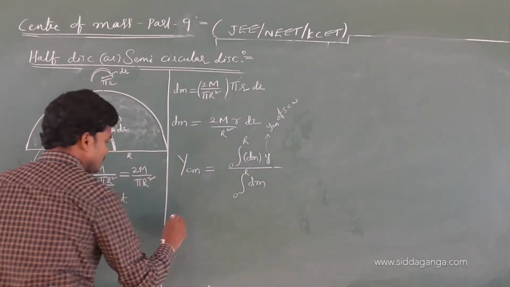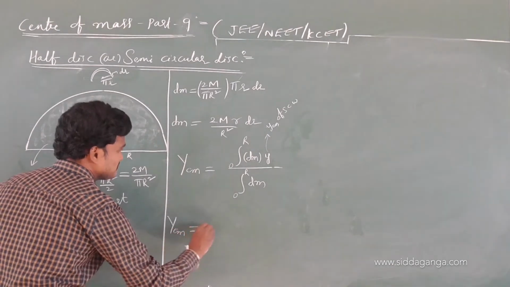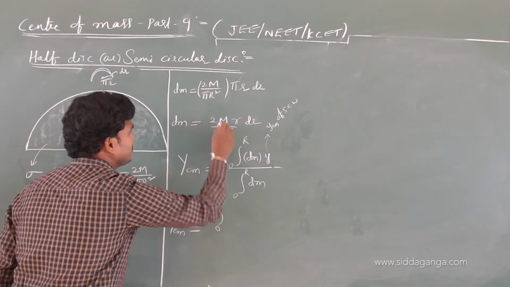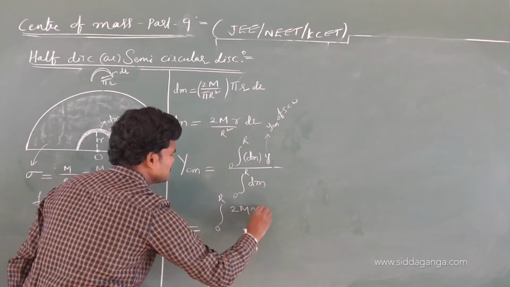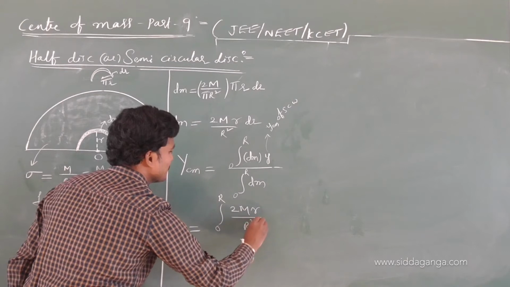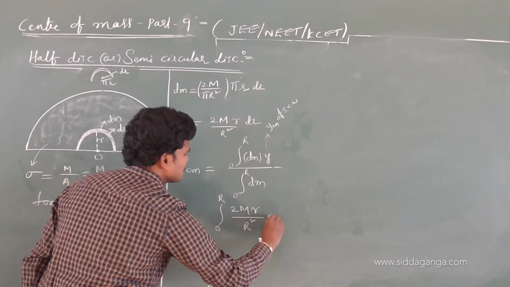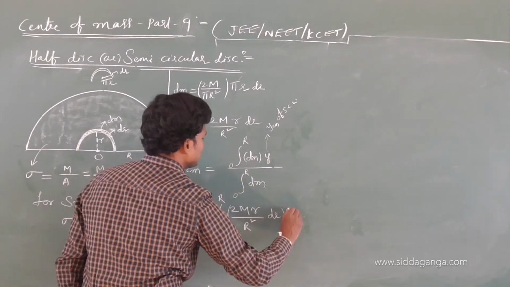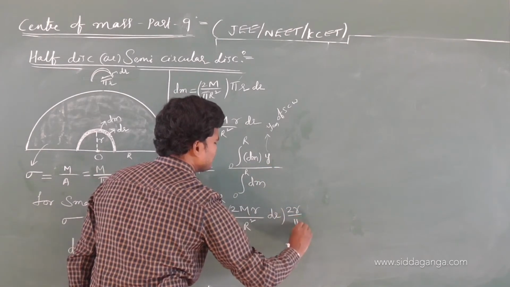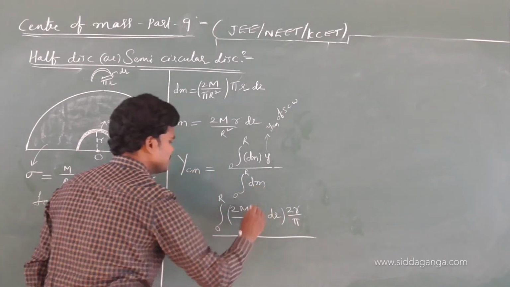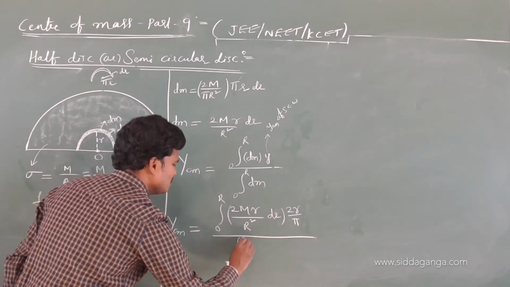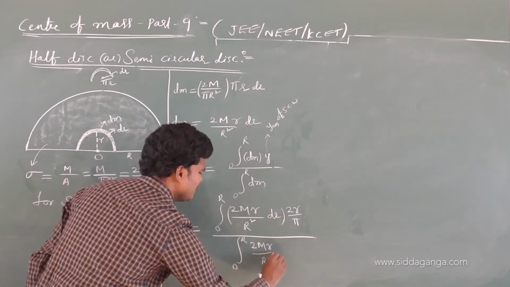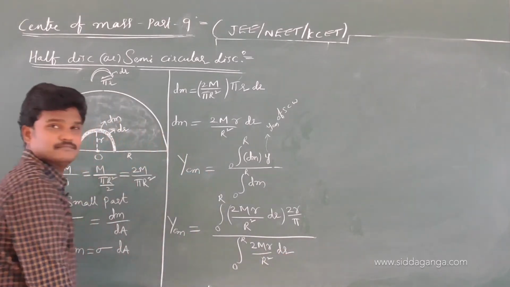So YCM is the integration from 0 to capital R. What is the dm? We got it: 2 capital M small r dr by R square, into y. What is this y? 2 small r by pi.